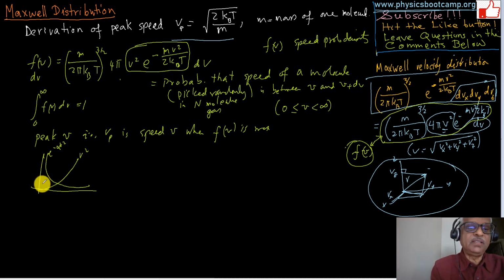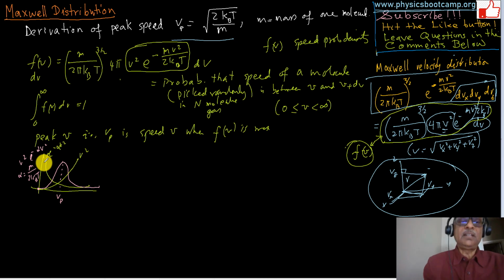The net effect of this whole thing is that it starts from 0 here, goes like this, and there will be a peak, and that's vp. This is v squared e to the power minus alpha v squared, where alpha equals m over 2 kB T.